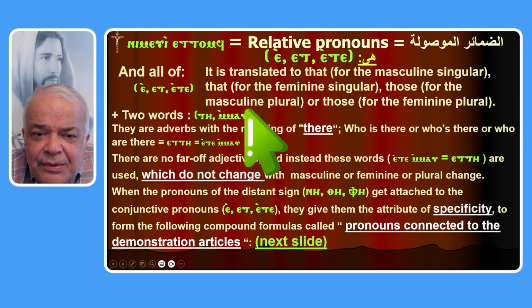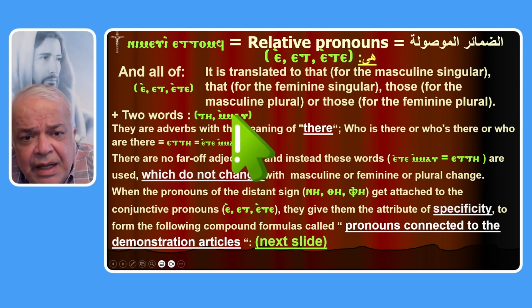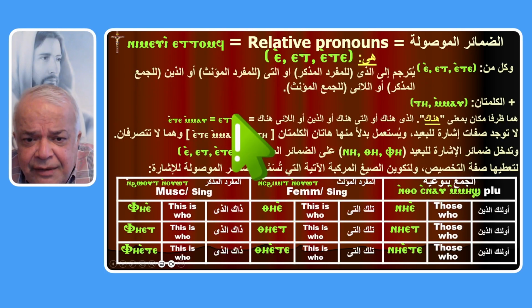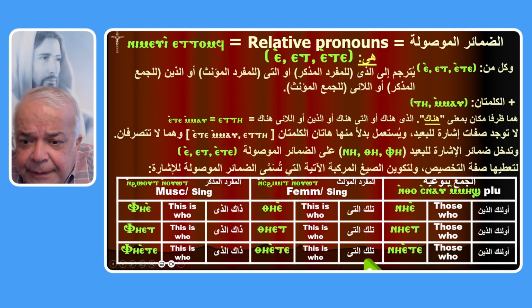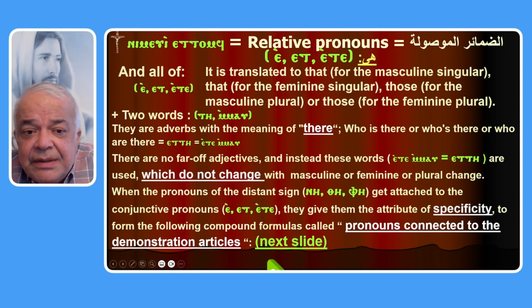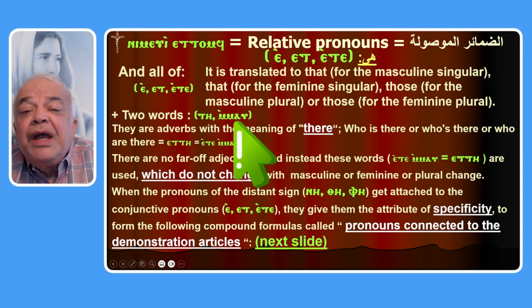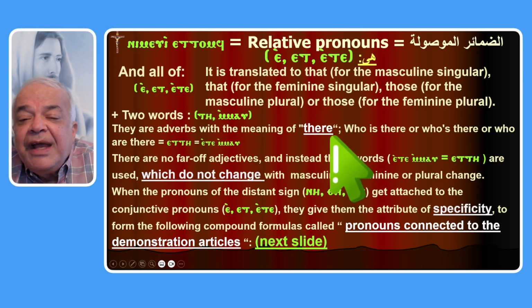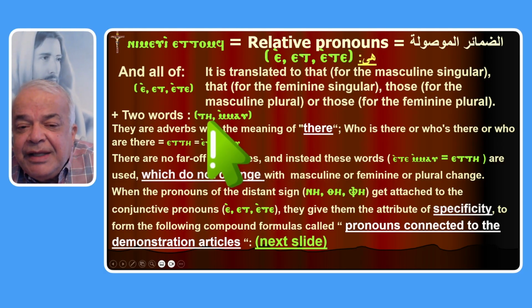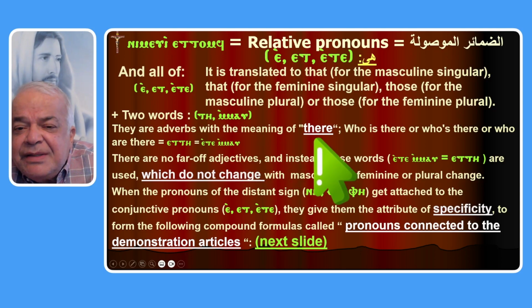Emmav, mu, alpha, epsilon, here doesn't mean mother like the other word I taught you in the previous slide. Here I told you mav means mother in that slide. But in this word here, mav means there. So T, eta, or the word emmav means there.